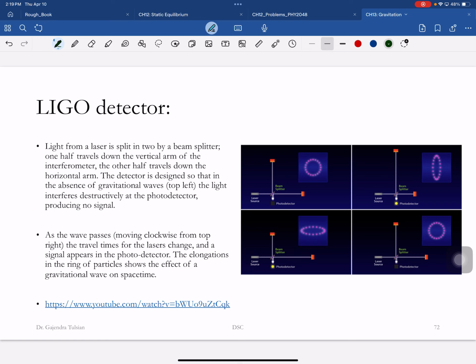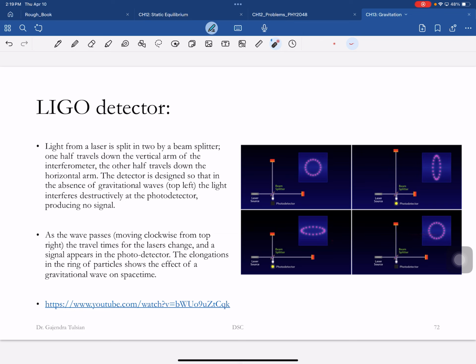Here's what happens. Here's the detector, in Louisiana. Let's say you have a sphere of balls like this. When a gravitational wave passes by, the sphere gets elongated like that, then comes back, then elongates this way and comes back.